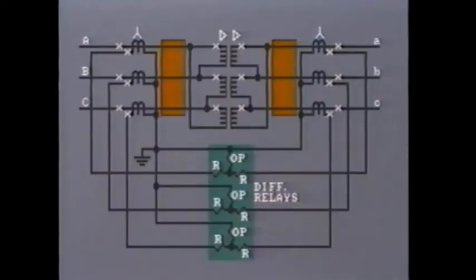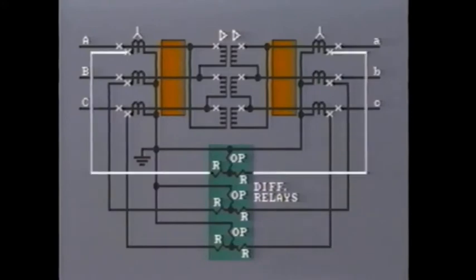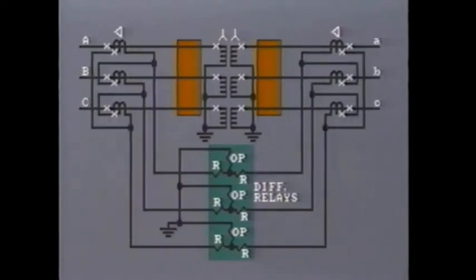If the transformer is connected delta on both primary and secondary sides, then we will normally use Y-connected CTs on both sides, as there is no 30-degree shift to correct. The CT secondaries are connected to their respective restraint coils at the differential relay. That is, line A to restraint coil A, and so on.